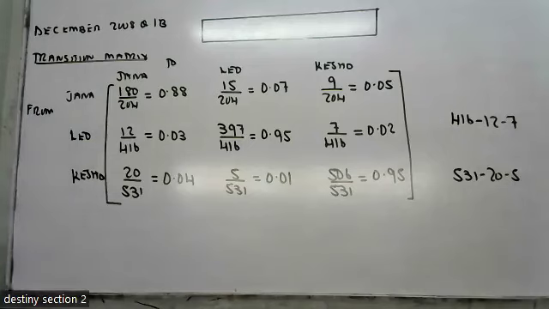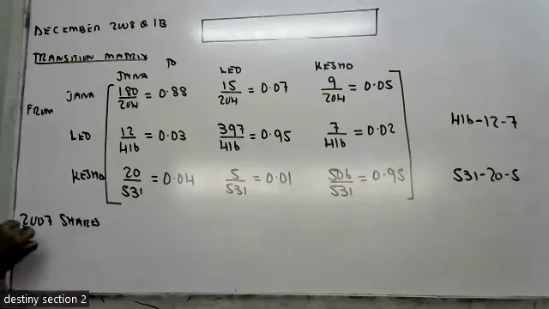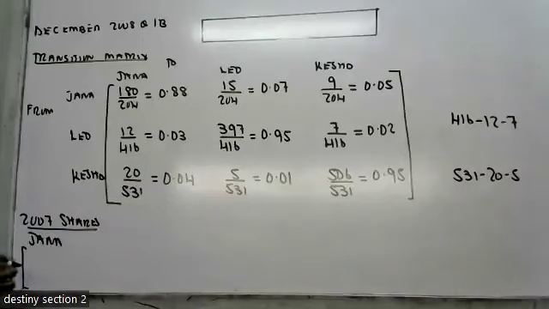When I want to get the 2007 share, as I have already told you earlier, for Jana, you can see they have 212. So it is 212 you divide by 1151.